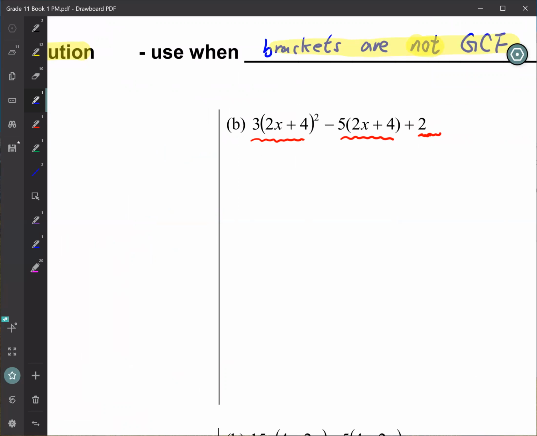Because not all of them have the bracket. Okay, which one doesn't have the bracket? The 2. Very good. So I cannot just take 2x plus 4 to the front. Because it's not a GCF, this is the time we use substitution.